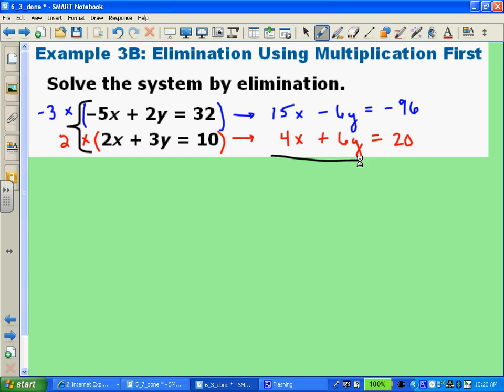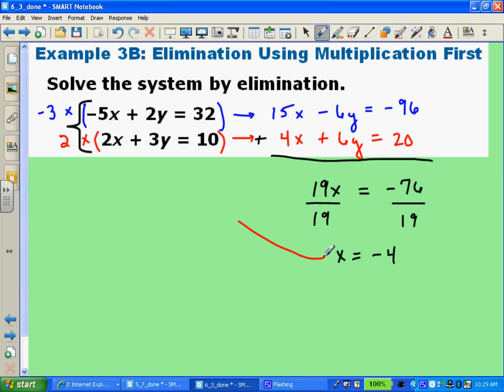Then I'm just going to add these two equations together. When I do so, I have 19x, my y's cancel out, and I get negative 76 here. So I'm going to divide both sides by 19. I believe that negative 76 divided by 19 is negative 4.